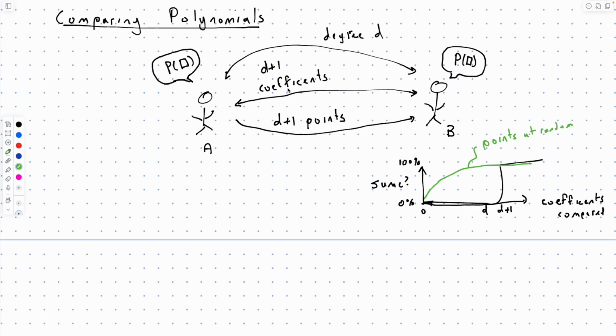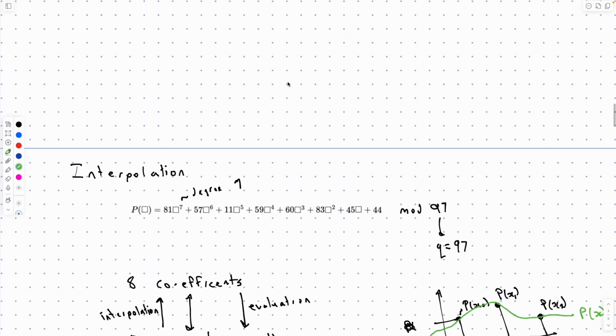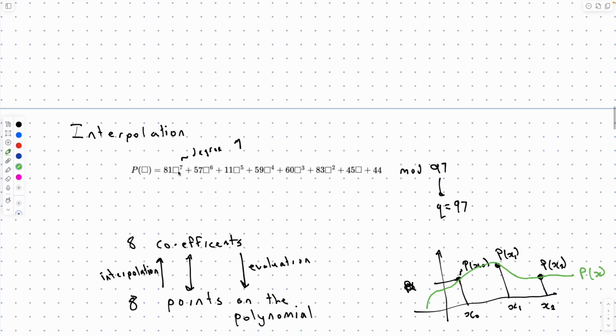Why doesn't it work for coefficients? Well, let's look at this concretely. These are the coefficients, and there are only these coefficients. There are 1, 2, 3, 4, 5, 6, 7, 8 coefficients, exactly those 8. But how many points are there on this polynomial?